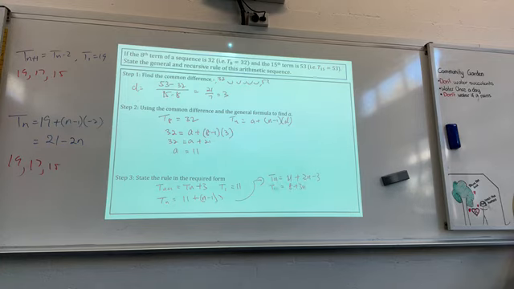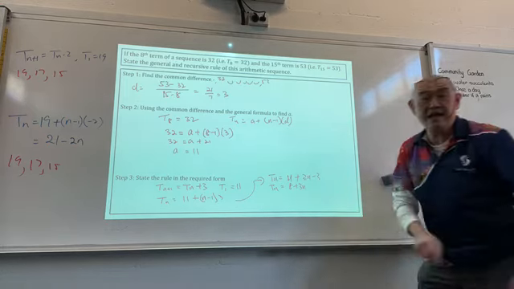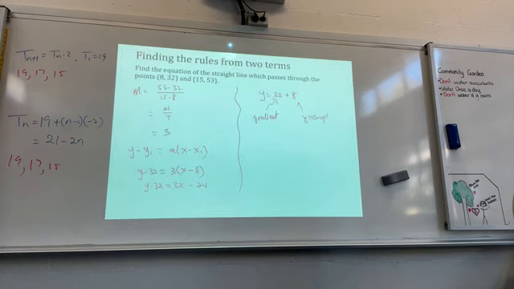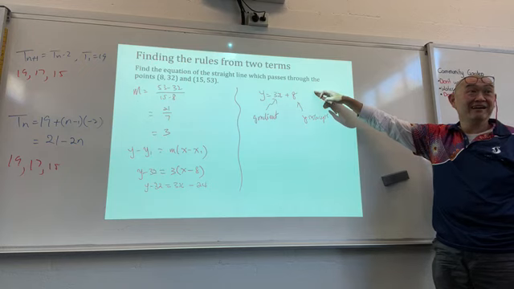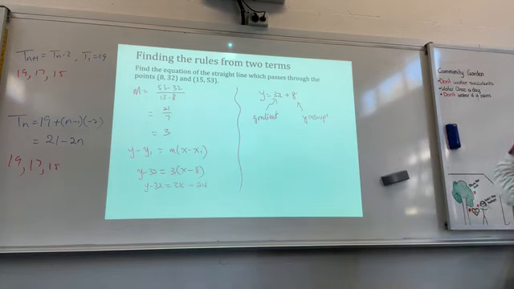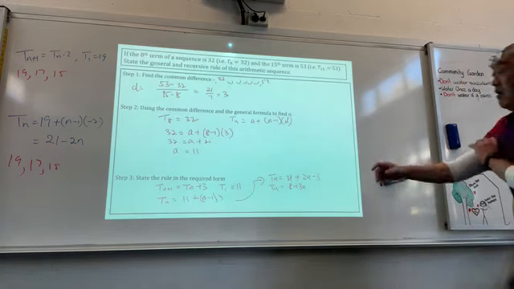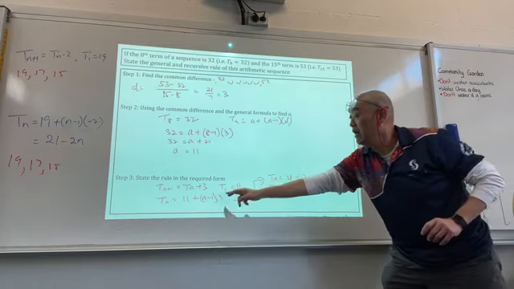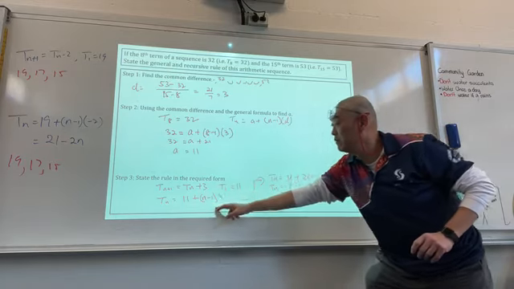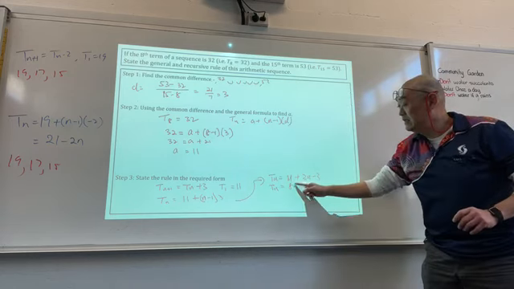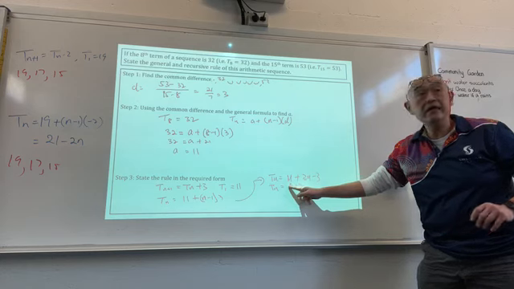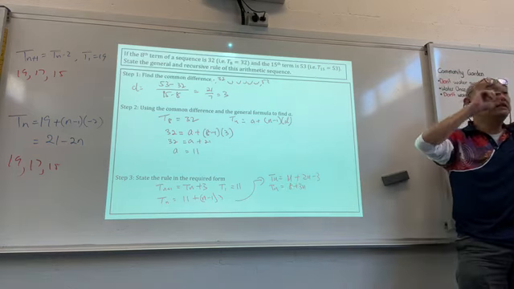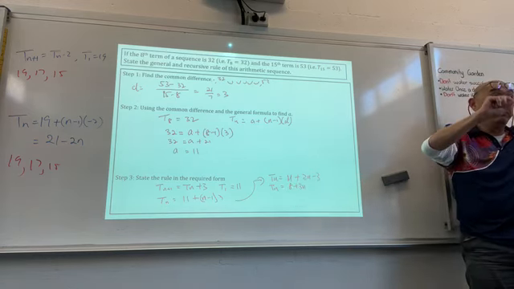Now, can you see that 8 plus 3n in relation to that? Yeah? You can see that? So what I'm going to suggest to you is, when you've got a general rule, that constant is actually the y-intercept, or actually T0. We don't specify that.